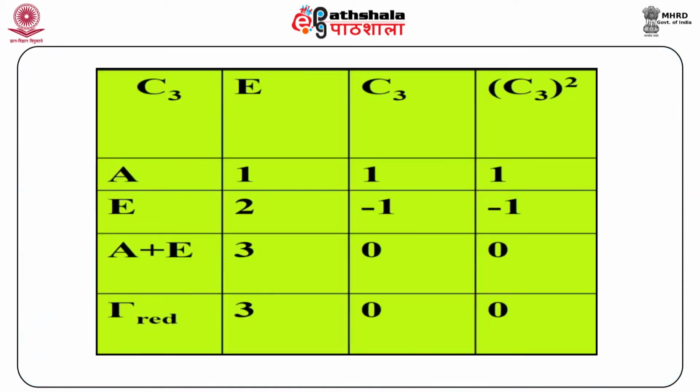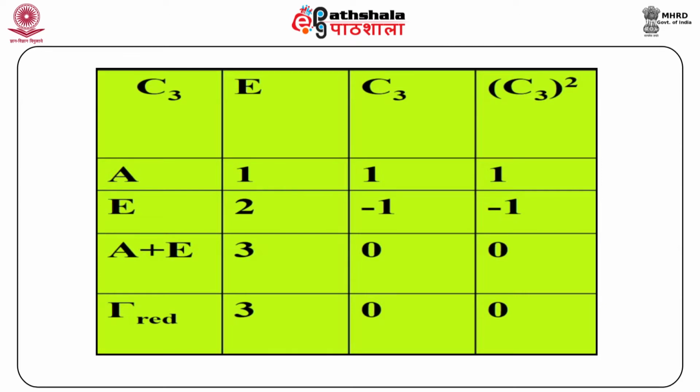In the character table for C3, under E we have 1, 1 and 2; under C3 we have 1, minus 1 and minus 1; under C3 squared, 1, minus 1 and minus 1.